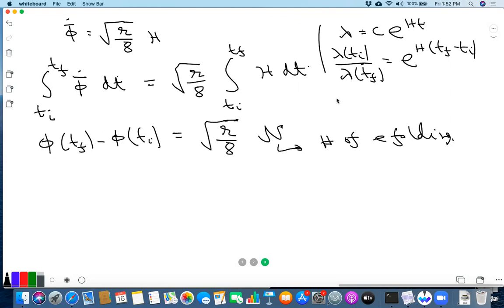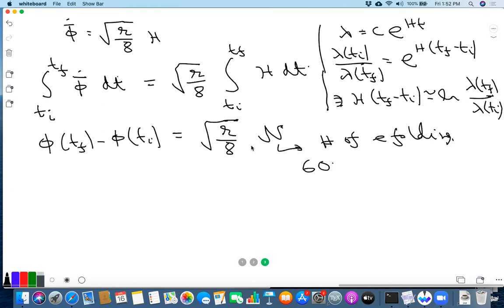And that's what we had called the number of e-folding. So h times Tf minus Ti is log of lambda of Tf. So this is the number of e-folding and this is about 60.